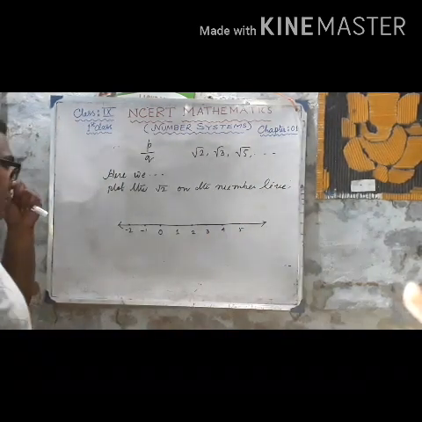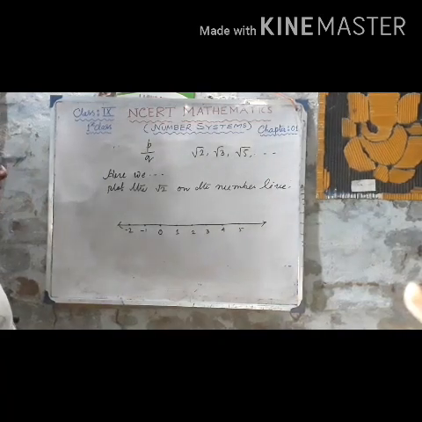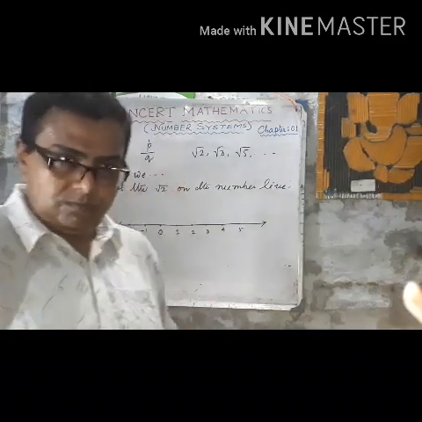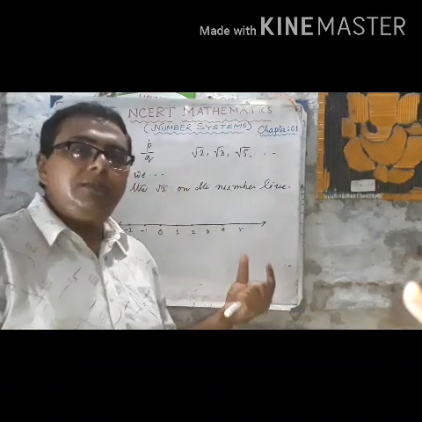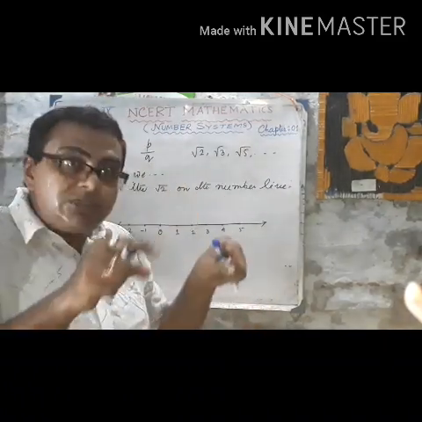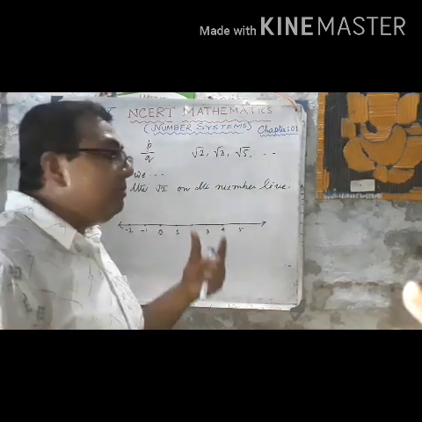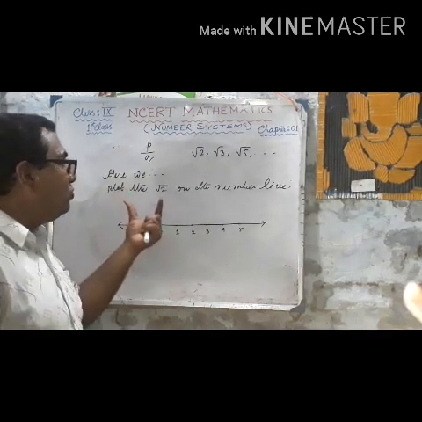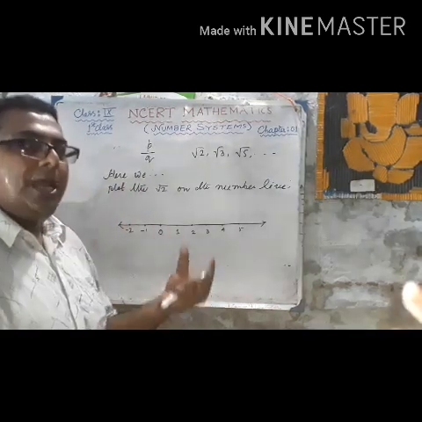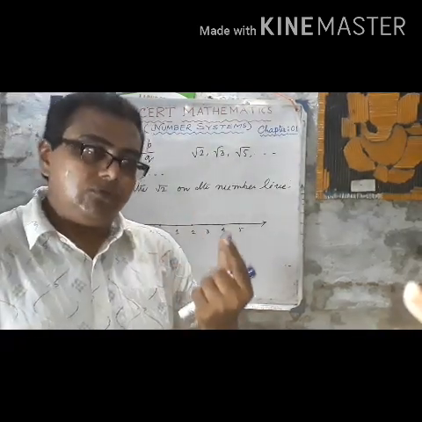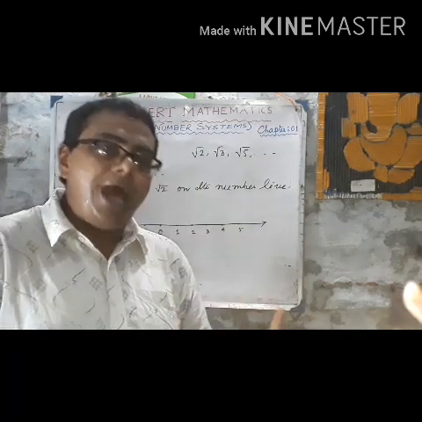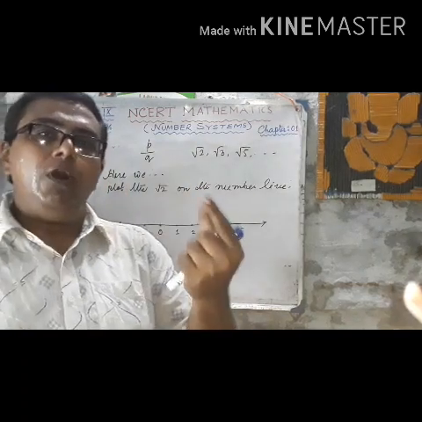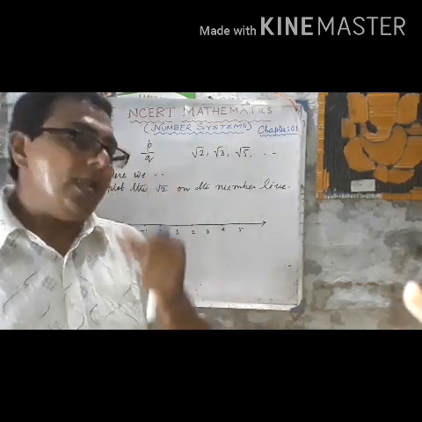At first, for plotting root 2 on the number line, we have to construct a square on the number line whose each side has a length of 1 unit.